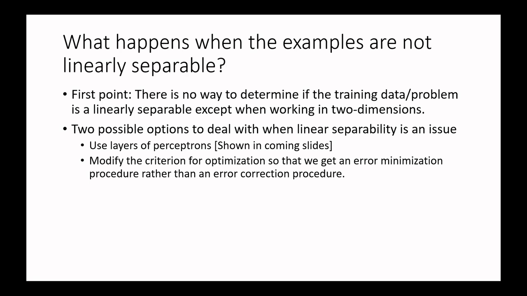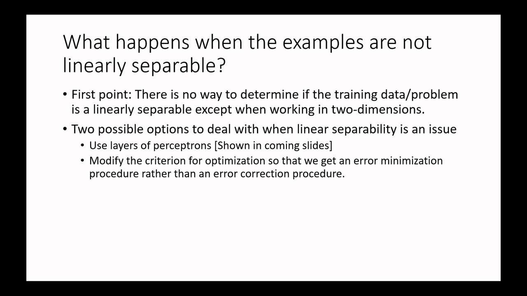The other possibility is to modify the optimization criteria. The optimization criterion for perceptron learning is error correction. You want to get a situation where you have 100% accuracy, where there are no errors.